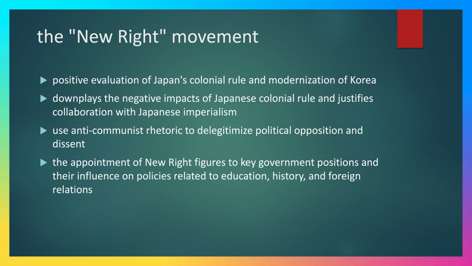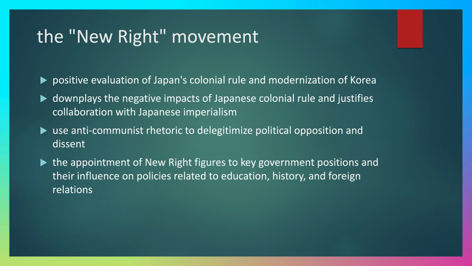So what is the New Right movement in South Korea? They evaluate Japanese colonial rule as something good for Korea, that colonial rule modernized Korea, right? And they ignore the negative impact of Japanese colonial rule and justify or defend collaboration with Japanese imperialism, right?